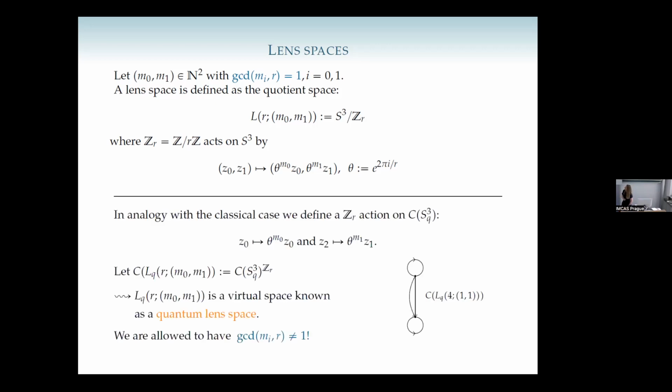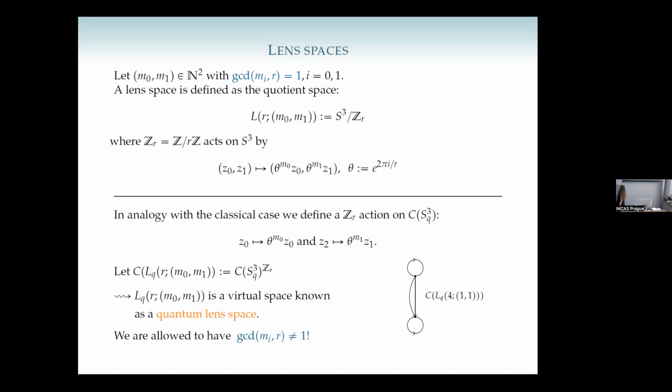Okay, so now, in complete analogy with the classical case, we can define an action of this finite cyclic group on the quantum three-sphere. You see the action is precisely similar as before. Then we define this quantum lens space, written like this, as the fixed point algebra.